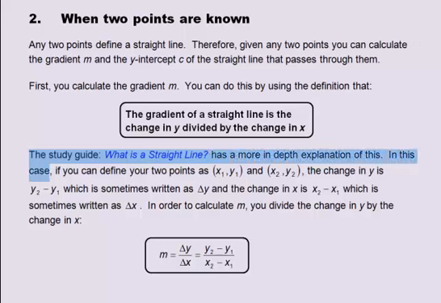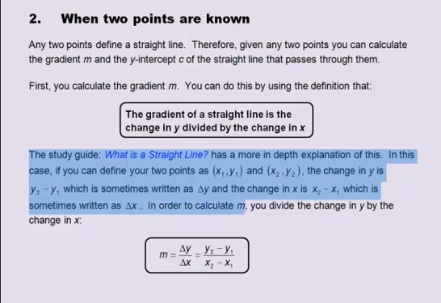In this case, if you define your 2 points as (x1, y1) and (x2, y2), the change in y is y2 minus y1, which is sometimes written as delta y, and the change in x is x2 minus x1, which is sometimes written as delta x.